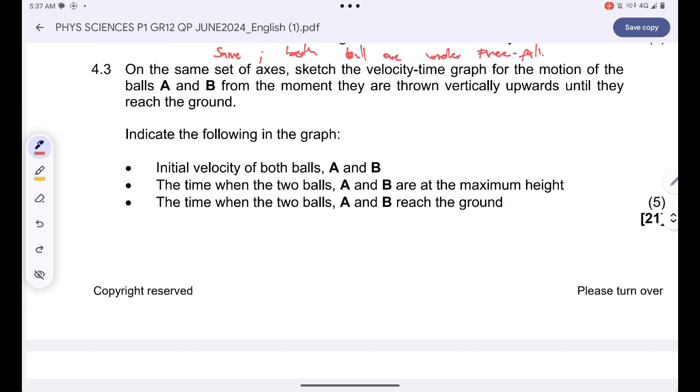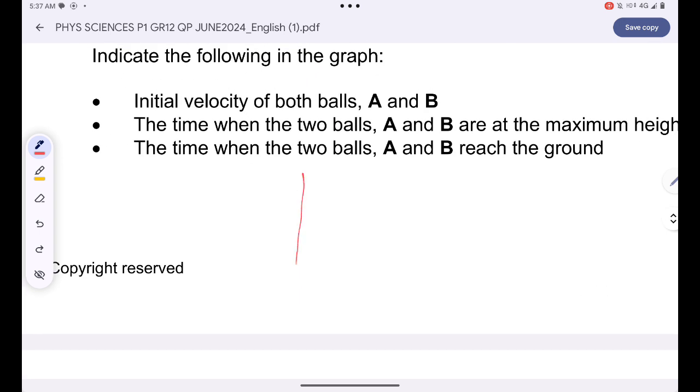Then now they want us, 4.3. We are told that on the same set of axes, sketch the velocity-time graph for the motion of the balls A and B from the moment they are thrown vertically until they reach the ground. Okay, I'll simply have this velocity-time graph.